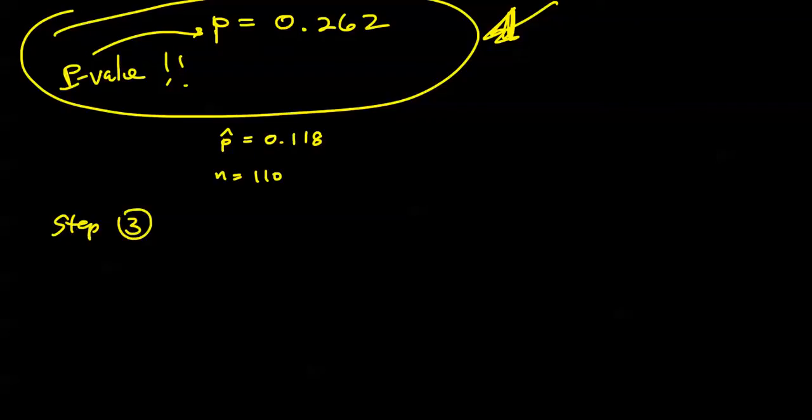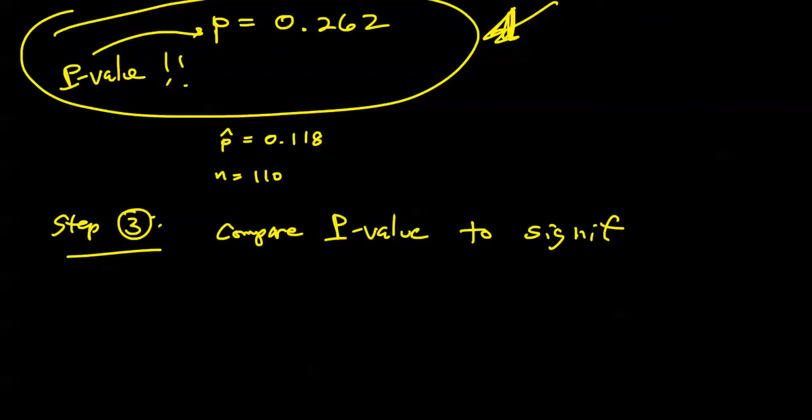Now step 3. This is where we determine whether or not the data is significant. We'll compare our p-value to our significance level. Now remember, small p-values suggest H0 is false. Large p-values suggest H0 is true.